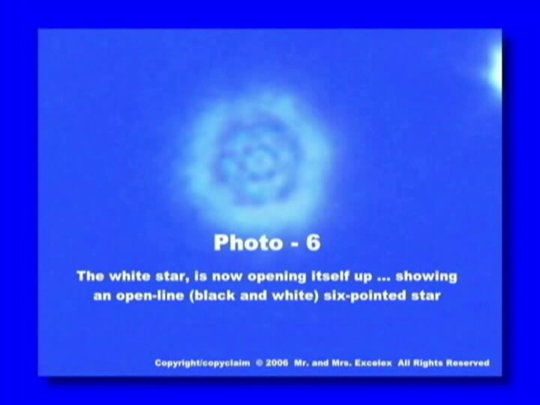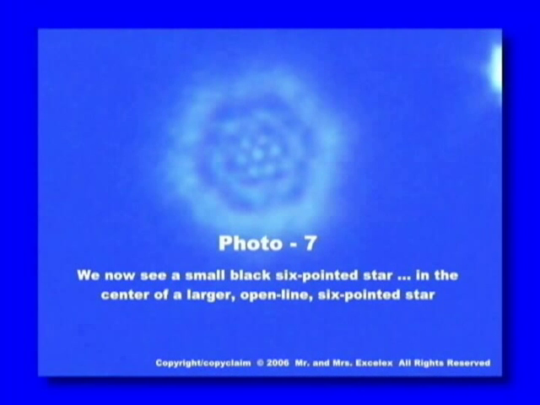Image 6. The white star is now opening itself up, showing an open line, black and white, 6-pointed star. Image 7. We now see a small black 6-pointed star in the center of a larger, open line, 6-pointed star, a Star of David. Within a Star of David.